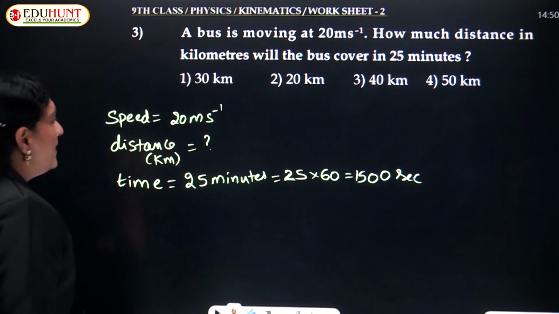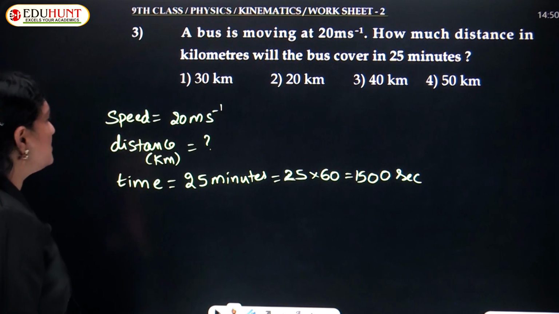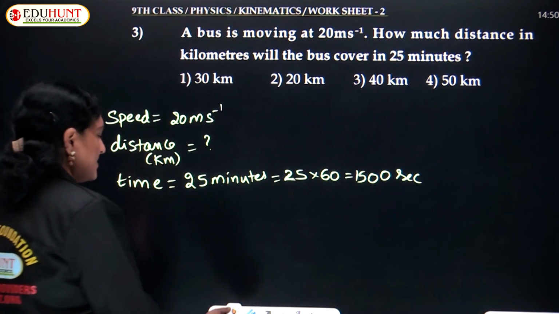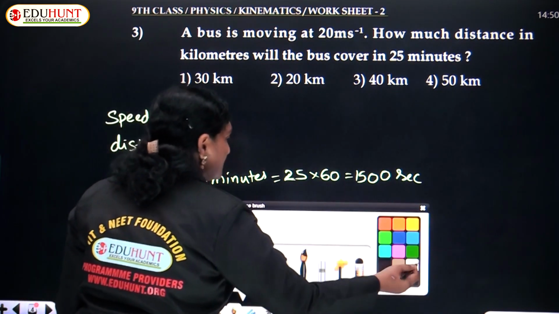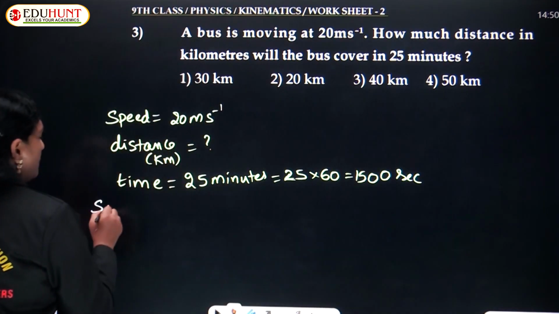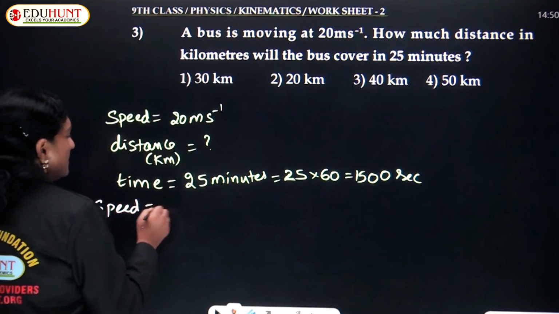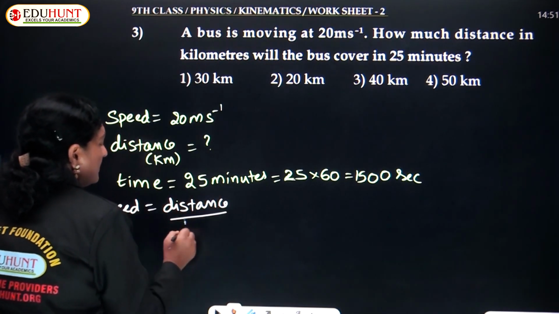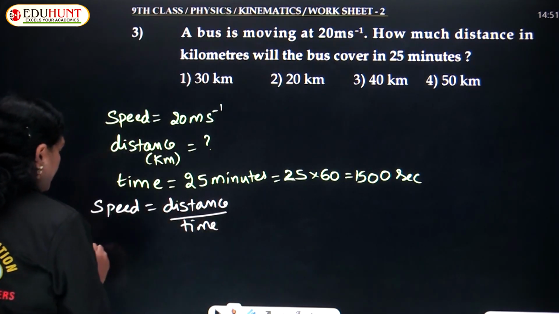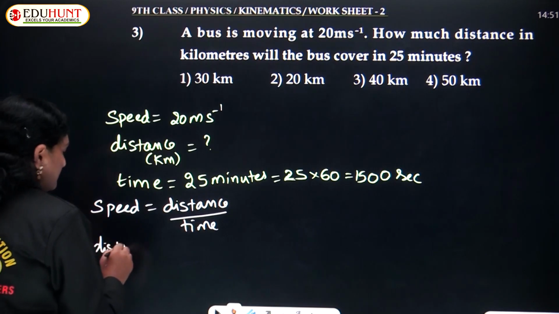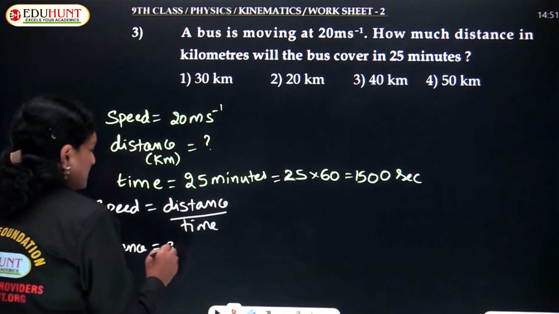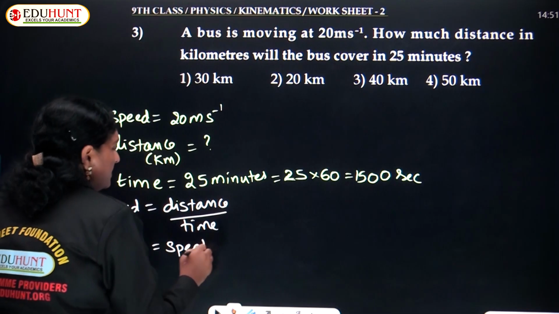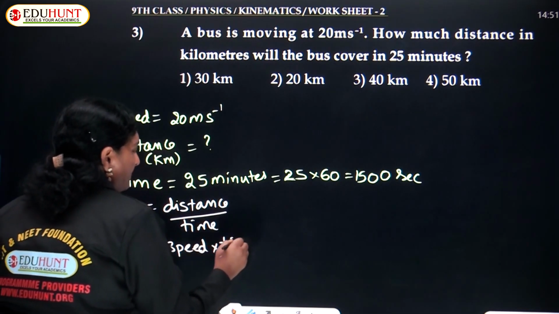Okay. So time is given, speed is also given. You are asked to find out distance. Children, as we know that speed is equal to distance by time. Distance can be calculated as speed into time.